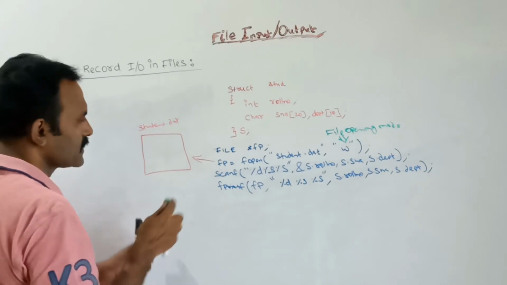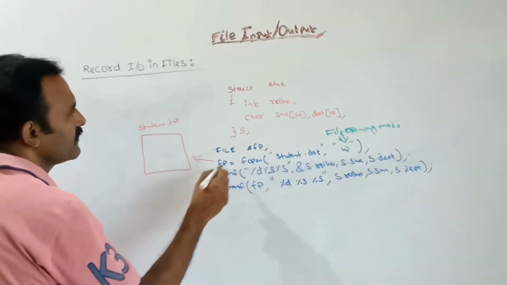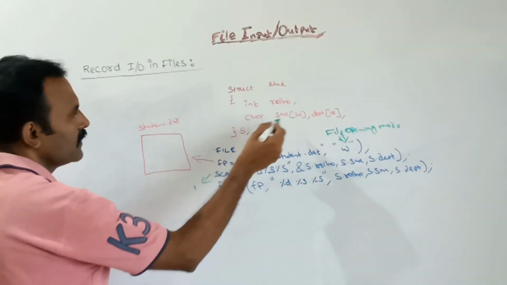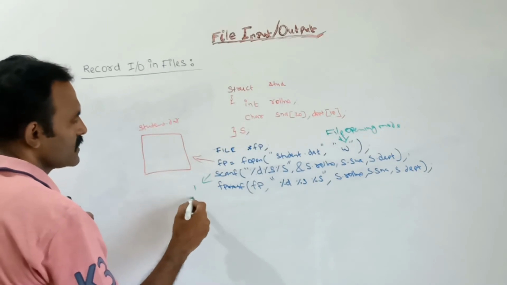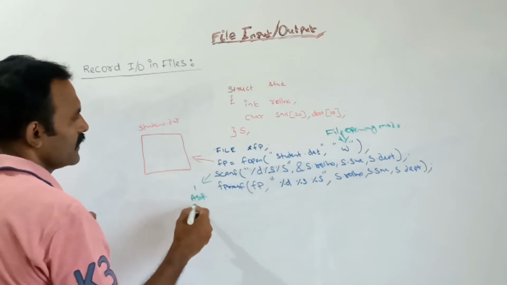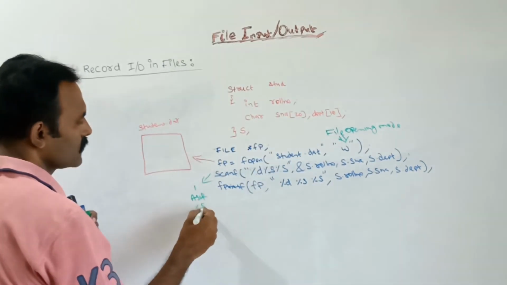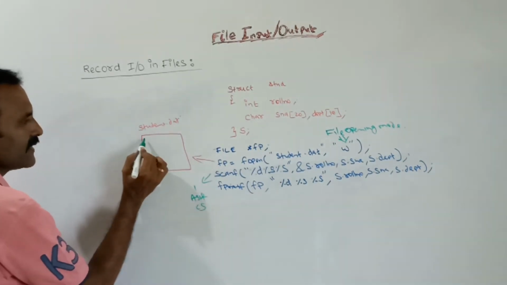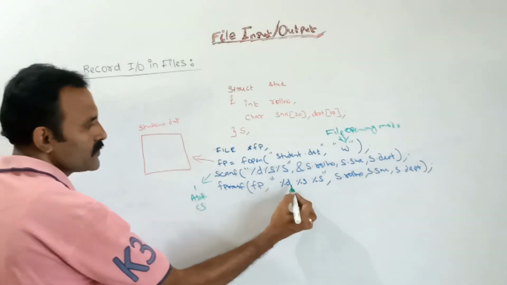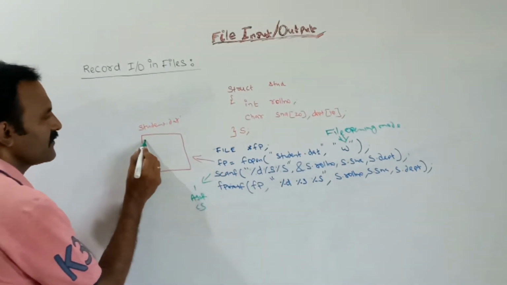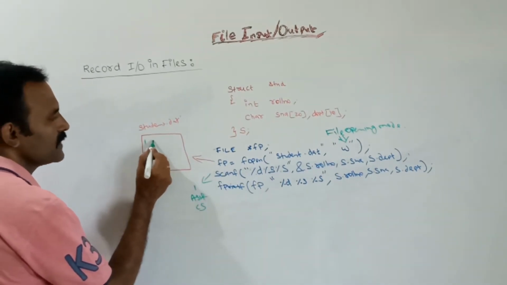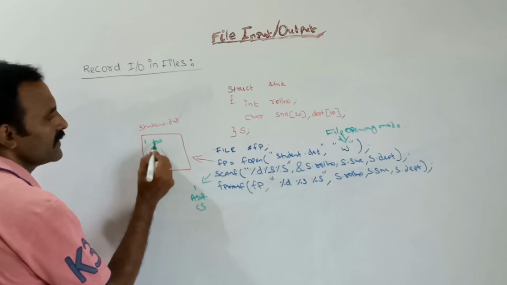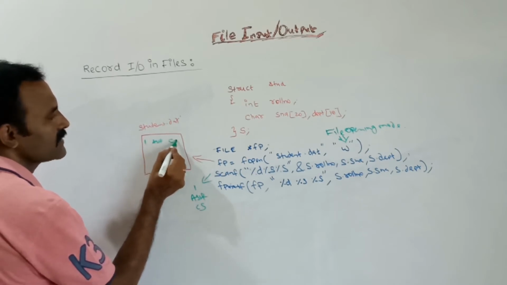Next, in this input step, suppose you are giving roll number 1, student name asif, department cs. While writing in the file, I am using one space: the roll number, one space, asif, one space, then cs.